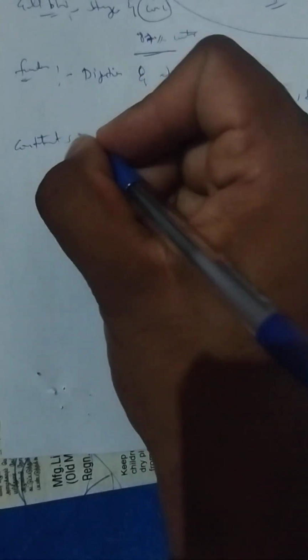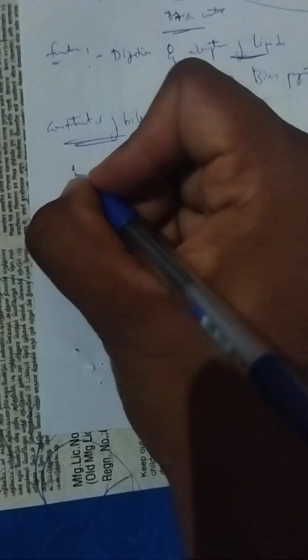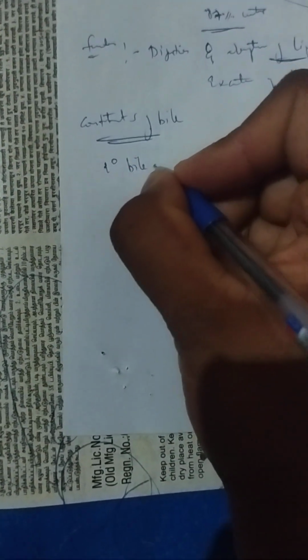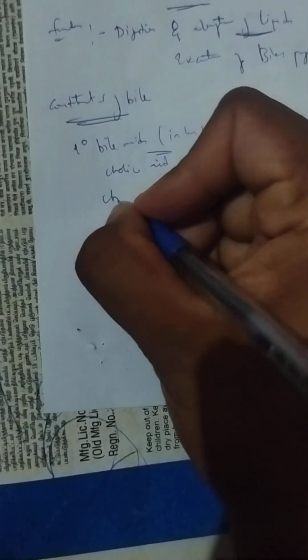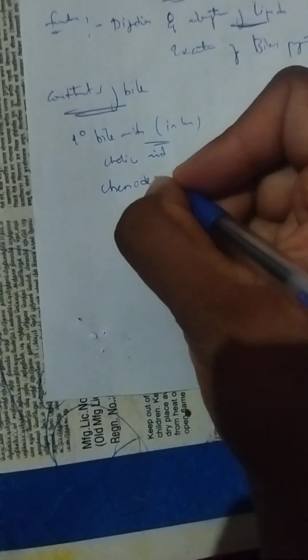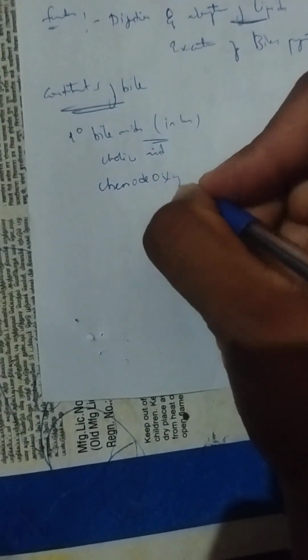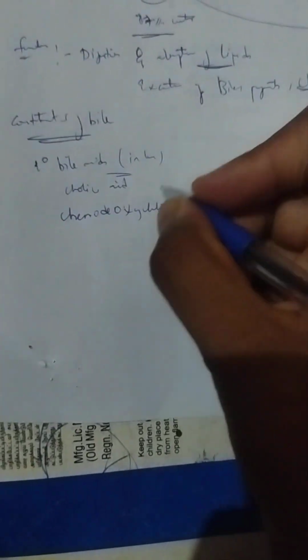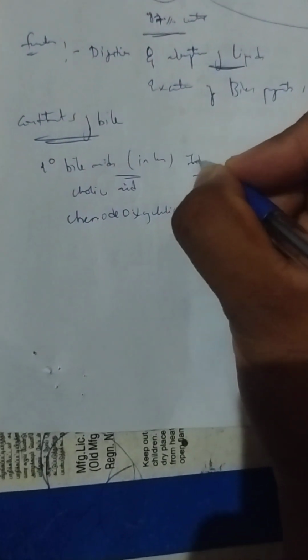So what are the constituents of bile? Let's understand. The primary bile acids in the liver are cholic acid and chenodeoxycholic acid. In the presence of intestinal flora, they are converted into secondary bile acids in the intestine.